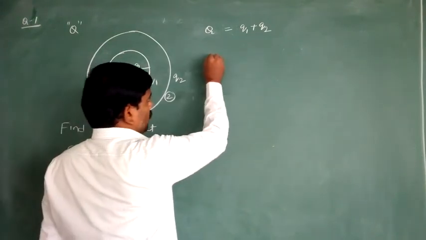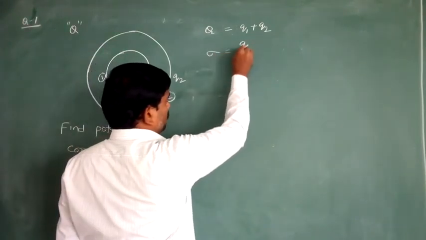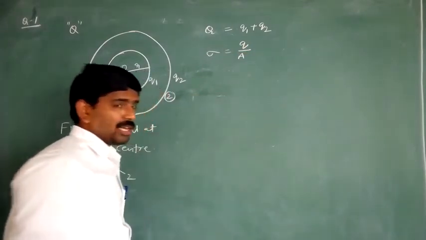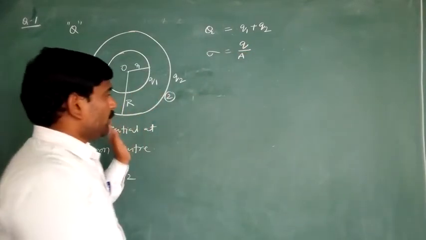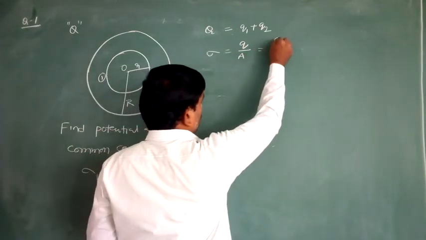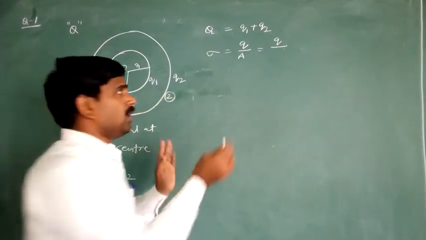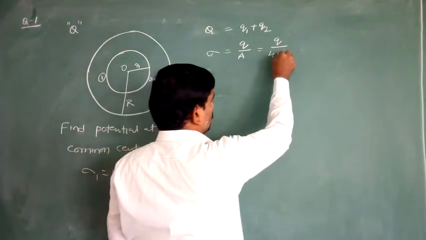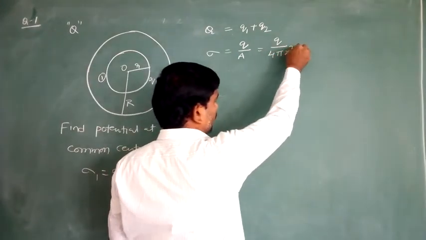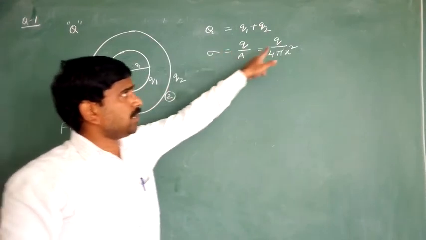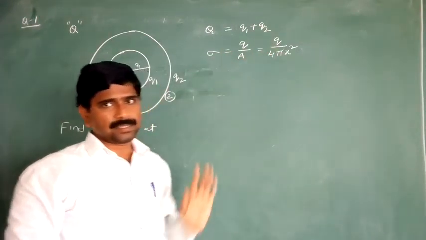Surface charge density, we know, is charge per unit area. For a shell, it is the charge divided by the surface area, 4 pi x square, where x is the radius. So sigma is equal to Q by 4 pi x square.